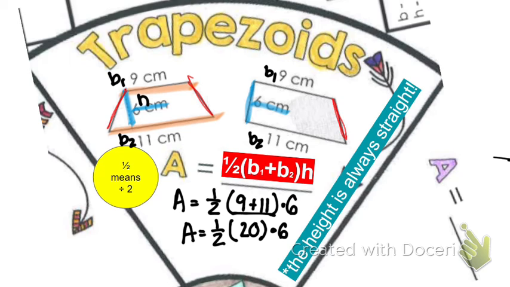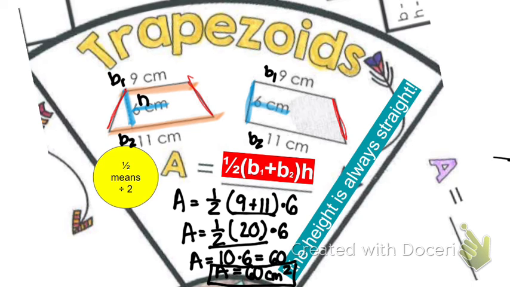Now you can either multiply the numbers together first and then divide, or divide first. I like dividing first. So I'm going to do 1/2 of 20. 1/2 of 20 is 10, and 10 times 6 gives me 60. So the area equals 60 centimeters squared.